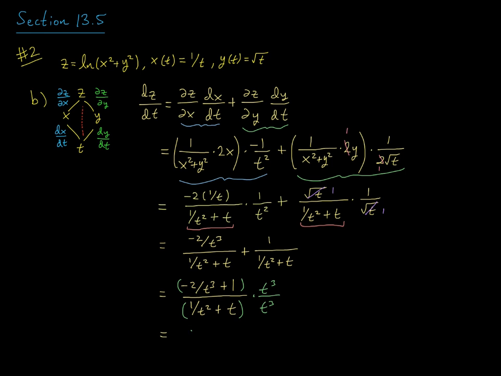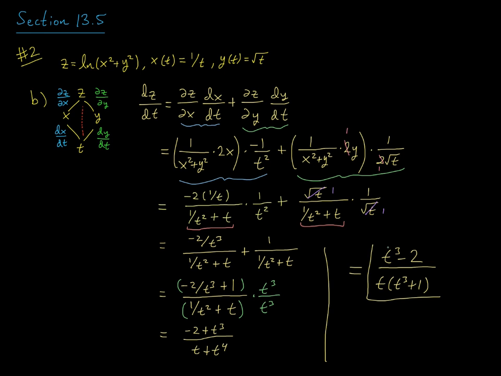It's going to give us, distributing, this is really just like what we saw before, negative 2 plus t cubed divided by, distributing here, I'm going to get just a t plus a t to the 4th, right? And so then very, very lastly, we're going to get what? T cubed minus 2 over t times t cubed plus 1. Same thing as before. Okay, cool.